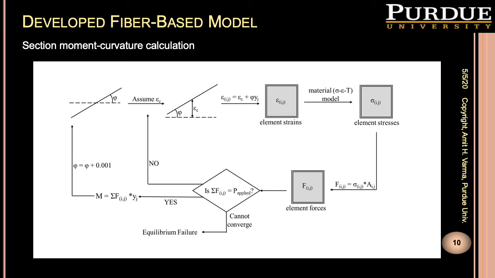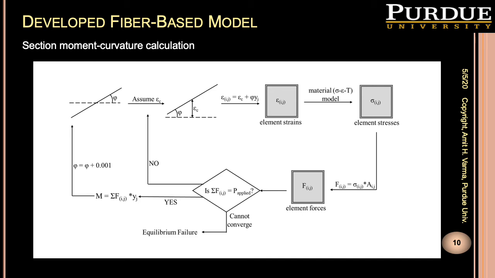Element total strains are calculated from curvature and centroidal strain based on the plane section assumption. Thermal strain is also calculated for each fiber from its coefficient of thermal expansion and temperature change.